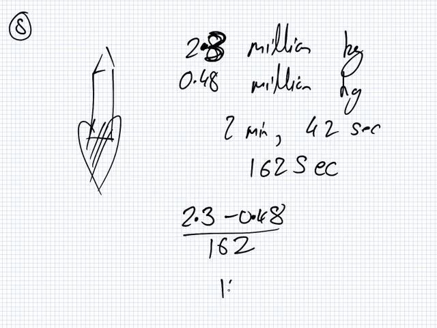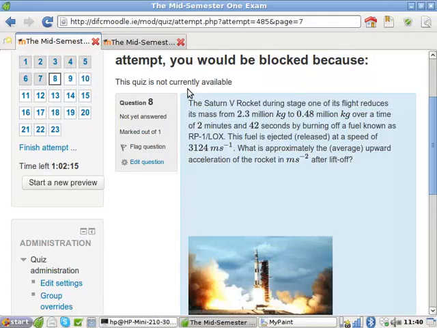So that's 11235 kilograms per second. That's how much fuel is coming out. So in 2 minutes and 42 seconds it loses the amount I gave. Okay, so are we okay at that much? Yeah. Now, I also tell you how fast the fuel is coming out.